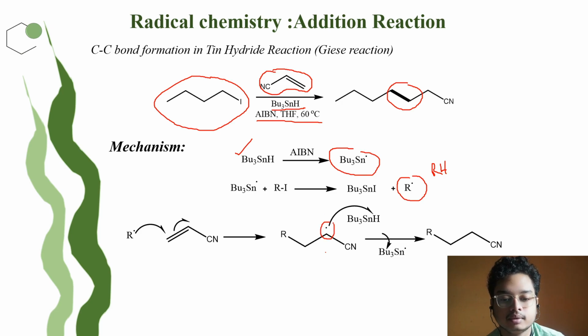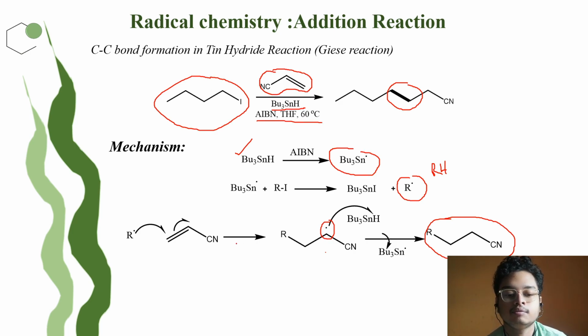Now this radical contains an electron withdrawing group, so that means this radical will be stable, and it will go to the termination step where it reacts with this tin hydride compound to basically terminate the reaction. So there are two competing pathways.